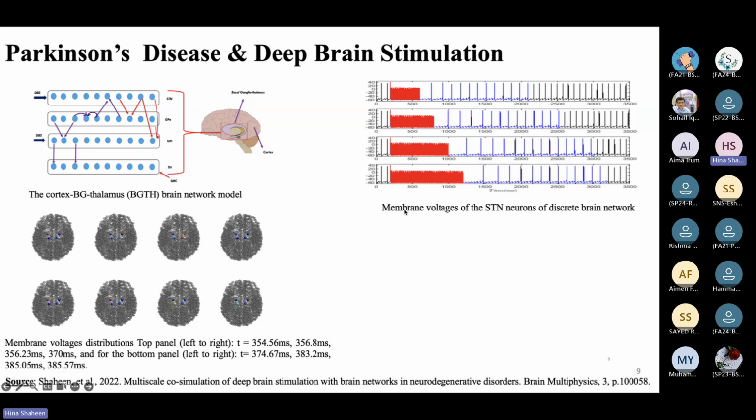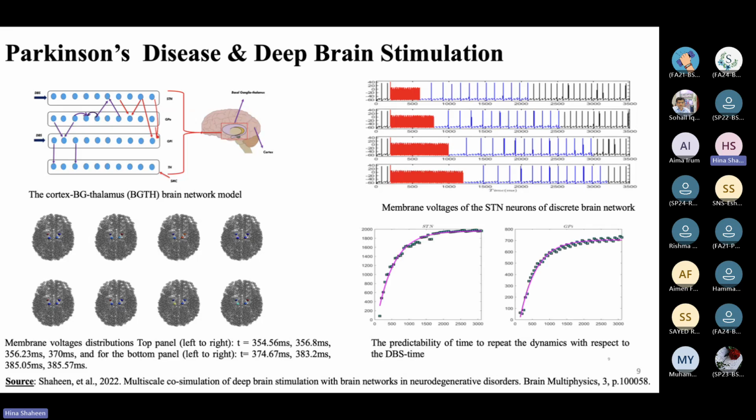Now you see here the membrane potential of the subthalamic neurons for the discrete brain network model at different times. If we apply deep brain stimulation for a sufficient period of time, if we increase the time interval, the stimulation part is shown here in red. The blue color represents the healthy state of the human brain and the black one represents the Parkinson state.